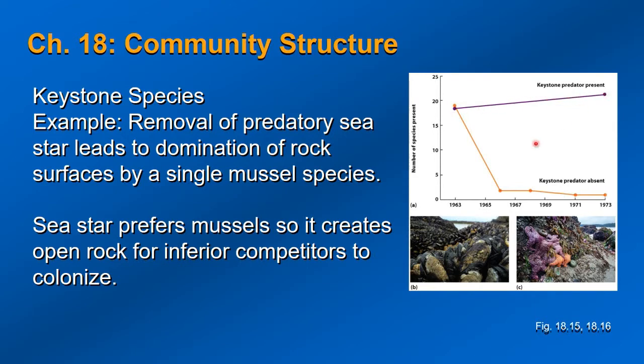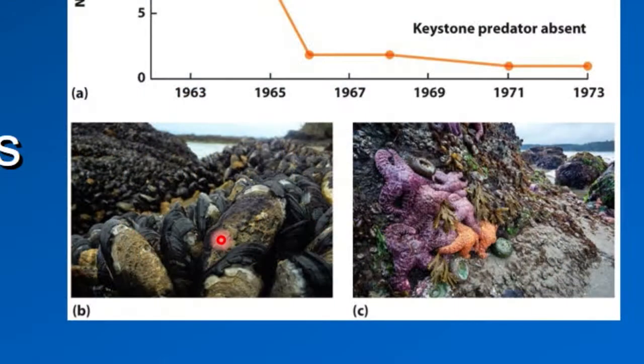But if you remove the keystone, one species dominates and takes over, and that would be the mussels. So in the presence of the starfish, lots of different species: barnacles, limpets, some sea anemones down here and things like that, some various algae, I won't call them kelp. But remove those sea stars, which are constantly opening up space and causing disturbance and free zones to get established, then it becomes a crowded mussel bed, right?